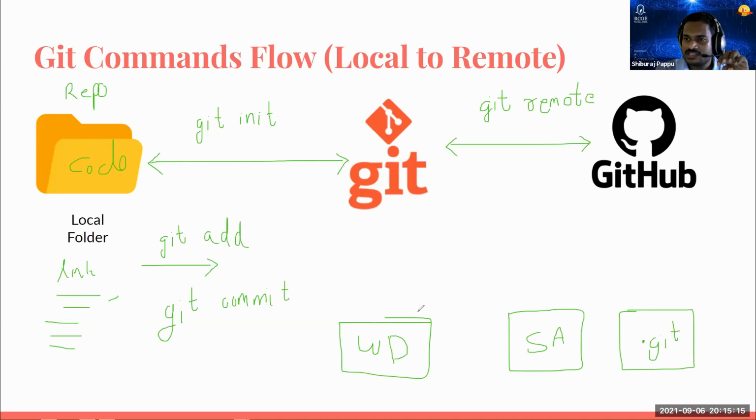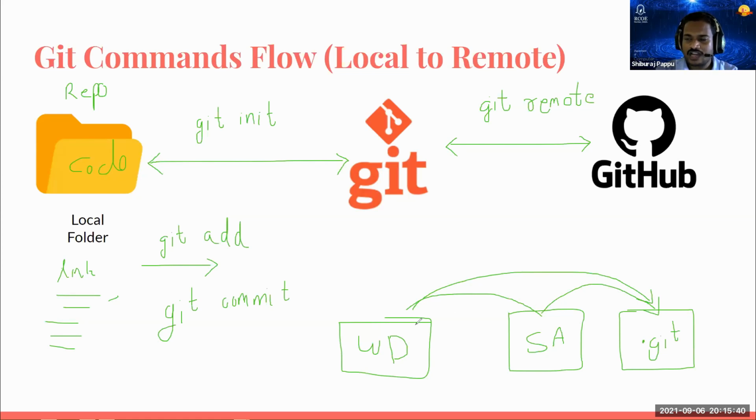Whenever you do changes, instead of directly saving inside Git, you first save in the staging area. Whenever you want to give an exam, you first do a mock exam, right? It is like this. So before saving it directly to Git, you first save it in the staging area, and after saving in the staging area, then you save it in Git.